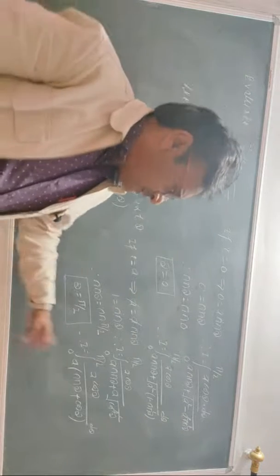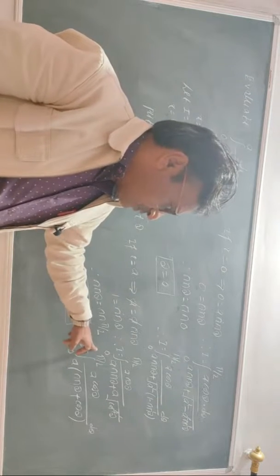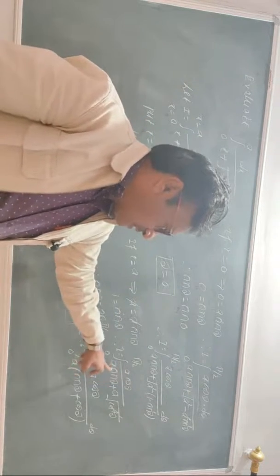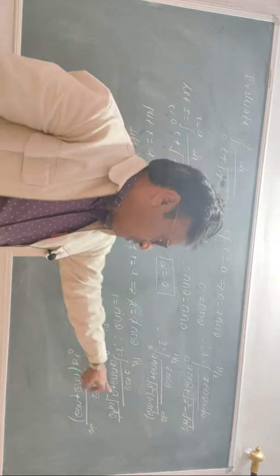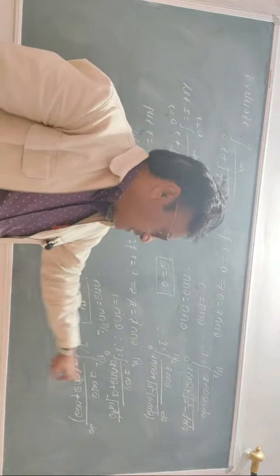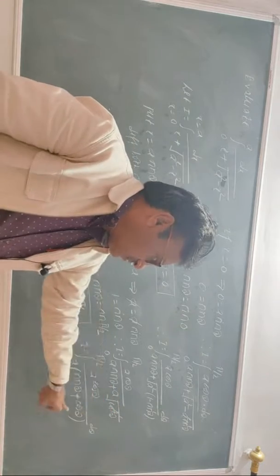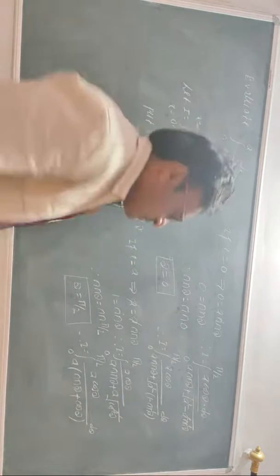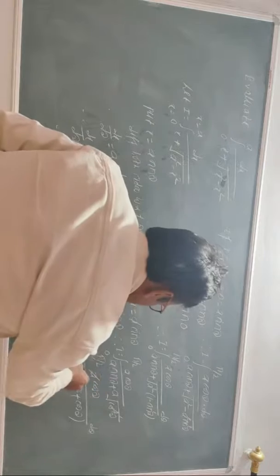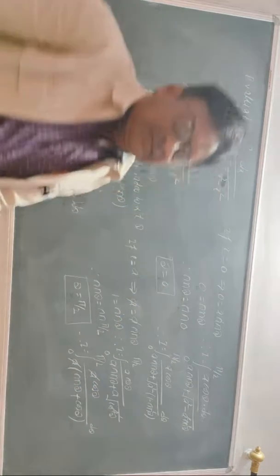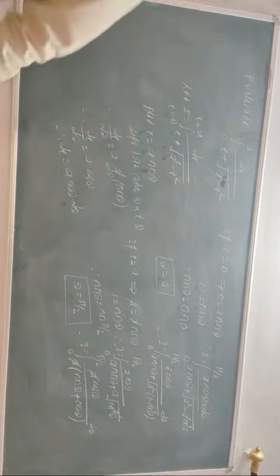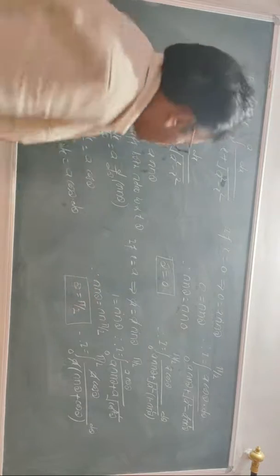Again we repeat this. I is equal to the integration from 0 to pi by 2 of a cos theta upon a sin theta plus a cos theta. From the denominator, take a common: the square and root cancel, so we get cos theta. The constant term a gets cancelled.